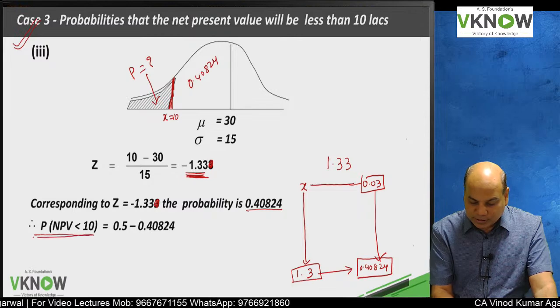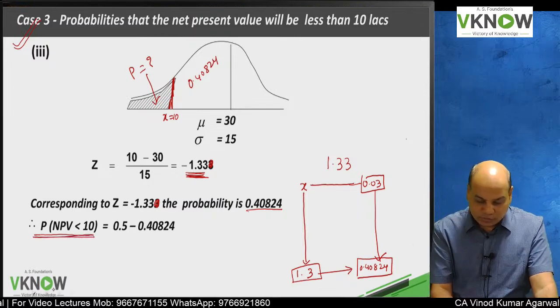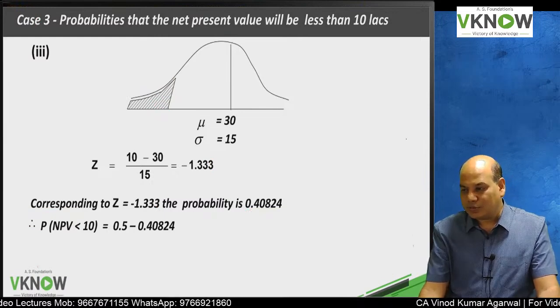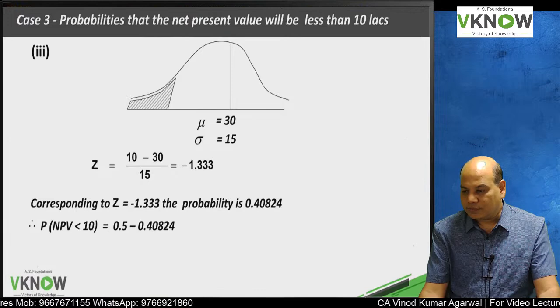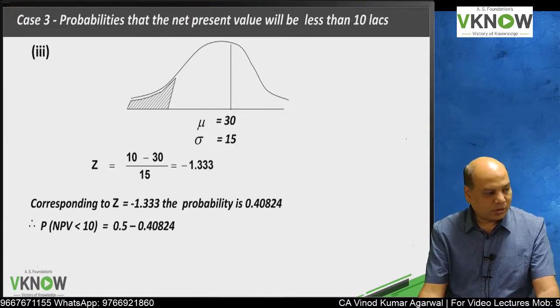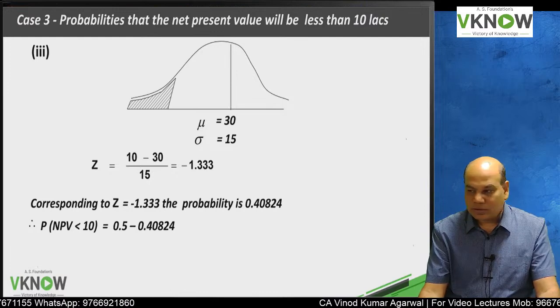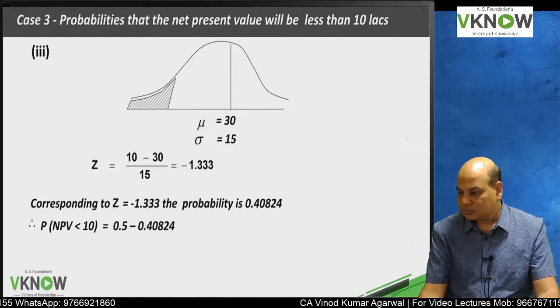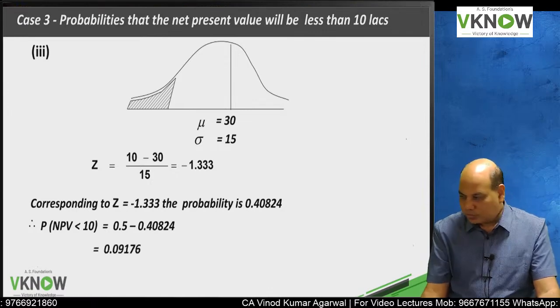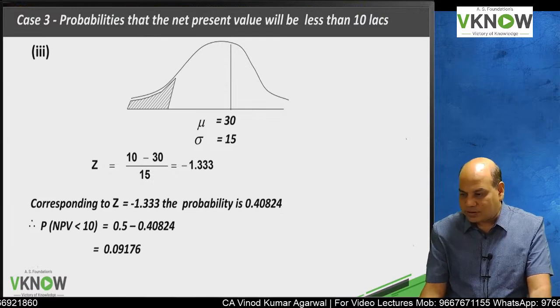Therefore, probability that NPV will be less than 10 lakh is 0.5 minus 0.40824. Answer please. Come on, reply fast. What is the answer? 0.09176.